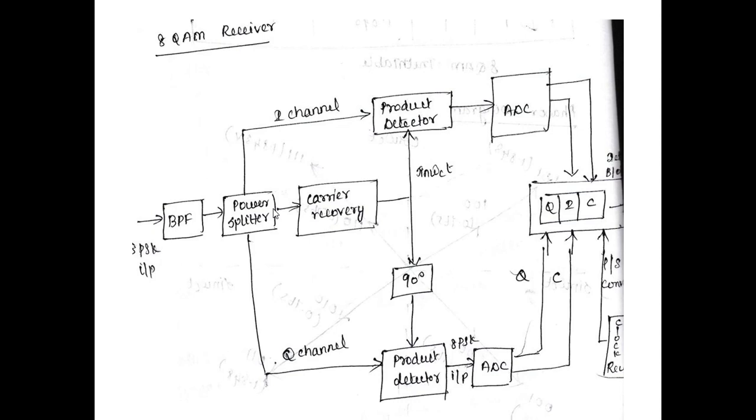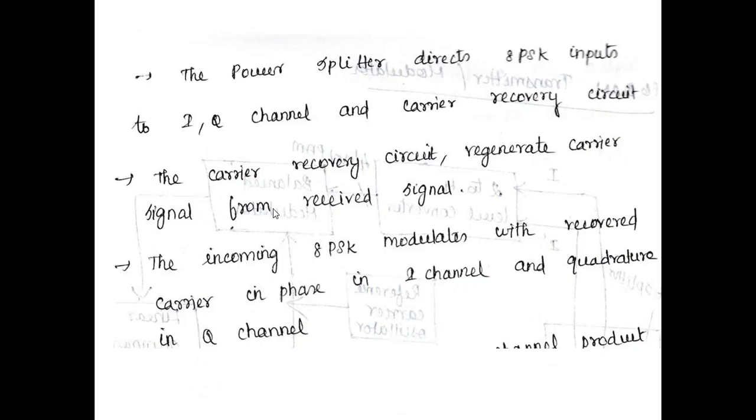Then we get output which goes to the analog to digital converter. So we get the quadrature bit and control bit on the lower side, and similarly the in-phase bit and control bit from the other side. Then the output comes as the combination of these 3 bits, and below we also use the clock recovery for proper synchronization of the received bits.